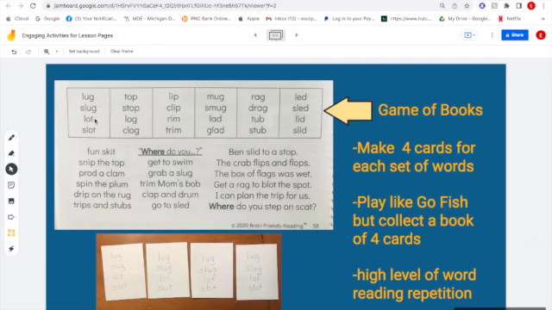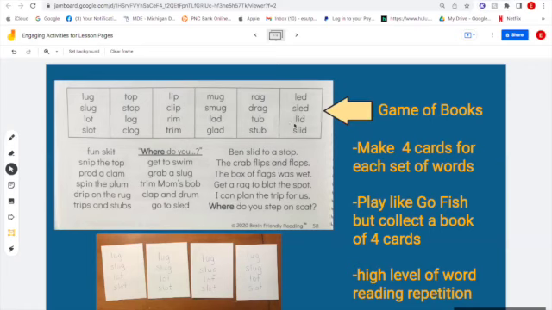Each of the 4 words have similar patterns, and they're designed to help the child practice reading words accurately and quickly, with similar patterns and slight differences. You can see we have some with blends at the beginning and some without. So lug and slug, and lot and slot.